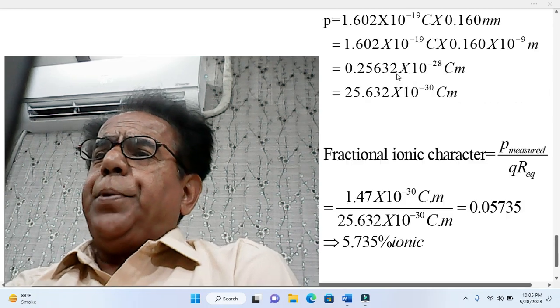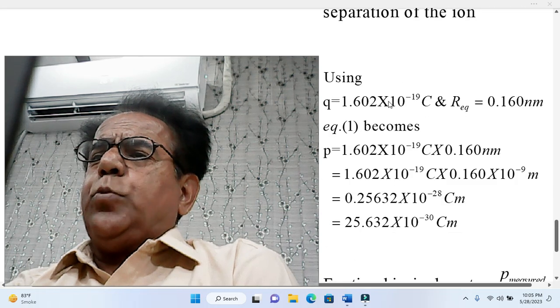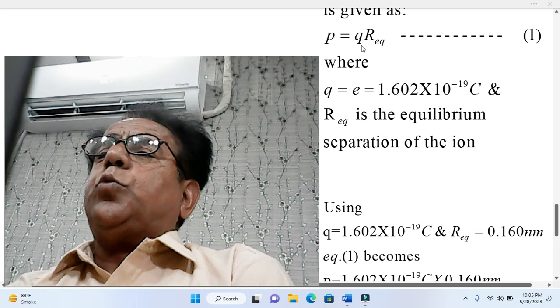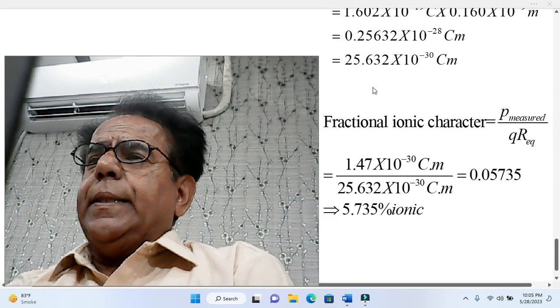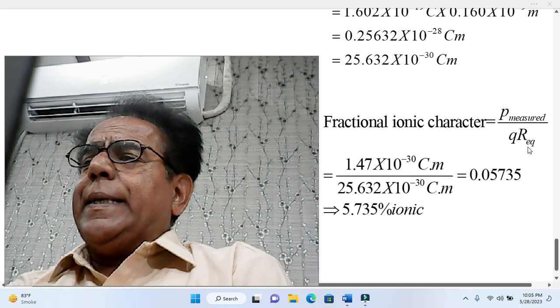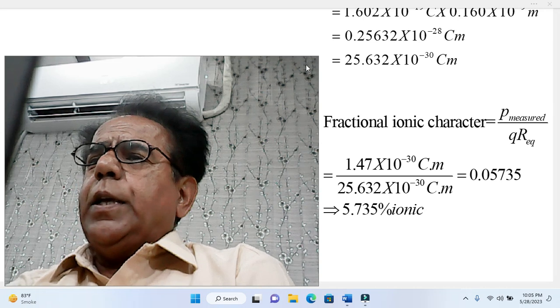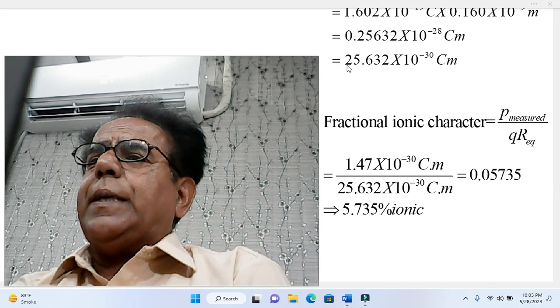Because according to question number 1, p is equal to q R ic. So this q R ic is equal to p, and we have found this value of q R equilibrium as this value.